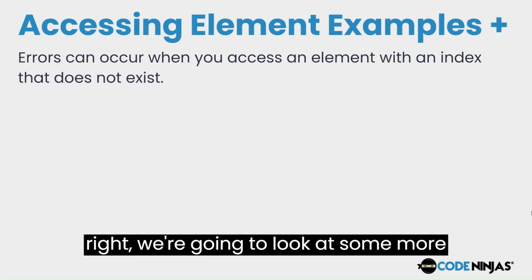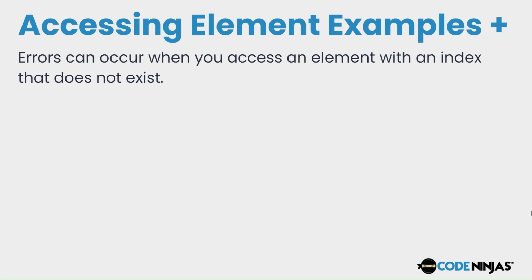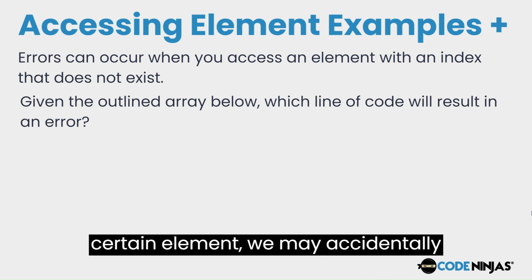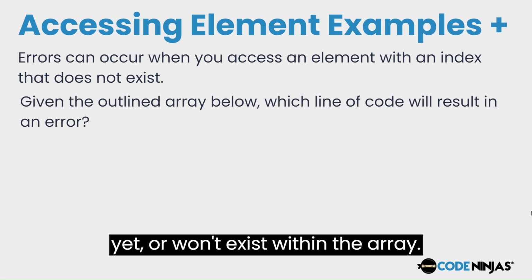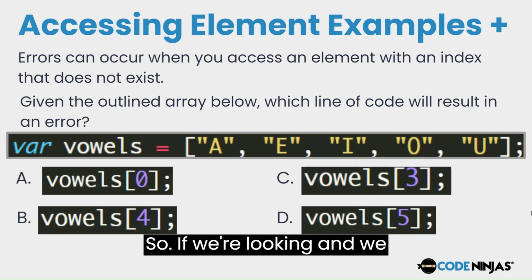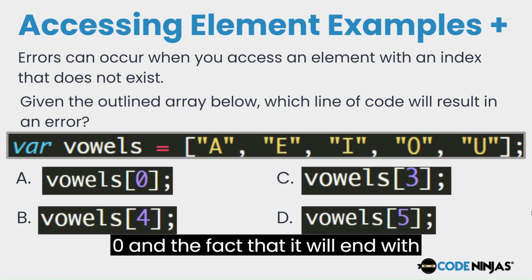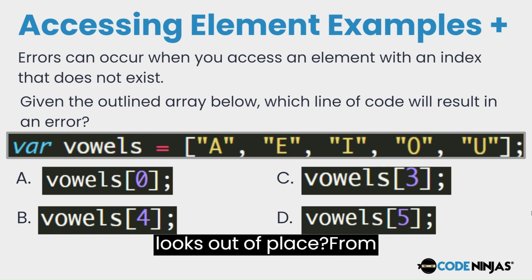Alright, we're going to look at some more examples, especially within errors. Sometimes when we're trying to grab a certain element, we may accidentally reference something that doesn't exist yet, or won't exist within the array. So, if we are thinking about how our array starts at 0 and will end with 4 with our vowels array, which one looks out of place?